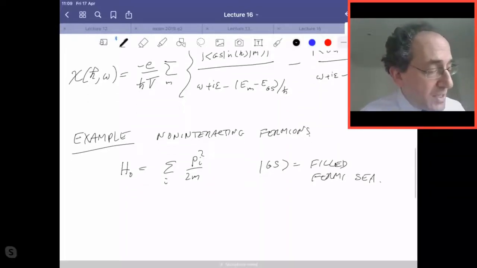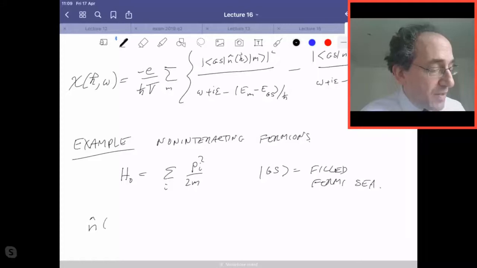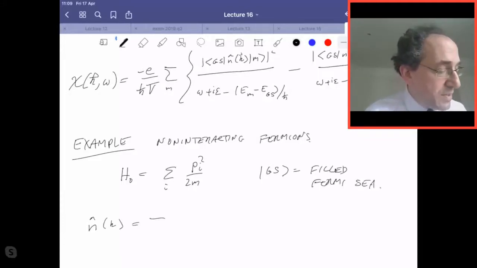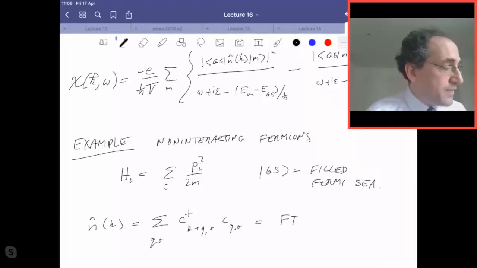So first of all, we're going to need the n hat operator, and we've calculated that before in second quantized notation. We can write it this way: sum over q and sigma of c dagger k plus q, sigma, c q, sigma. And that is just the Fourier transform of the density operator.